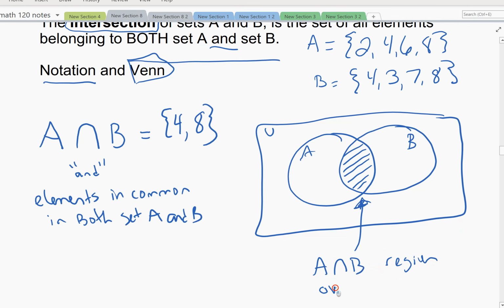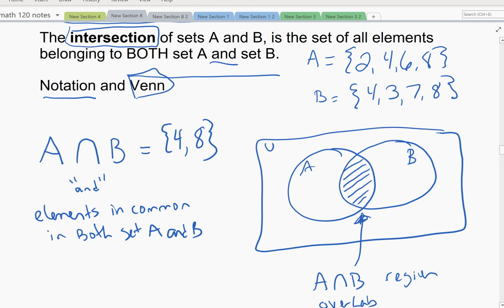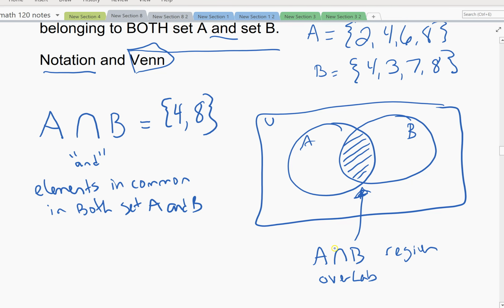That's where we would have put the elements 4 and 8. It's where circle A intersects circle B, which is why it's called the intersection. And the symbol you have to recognize is that sort of upside down U symbol.